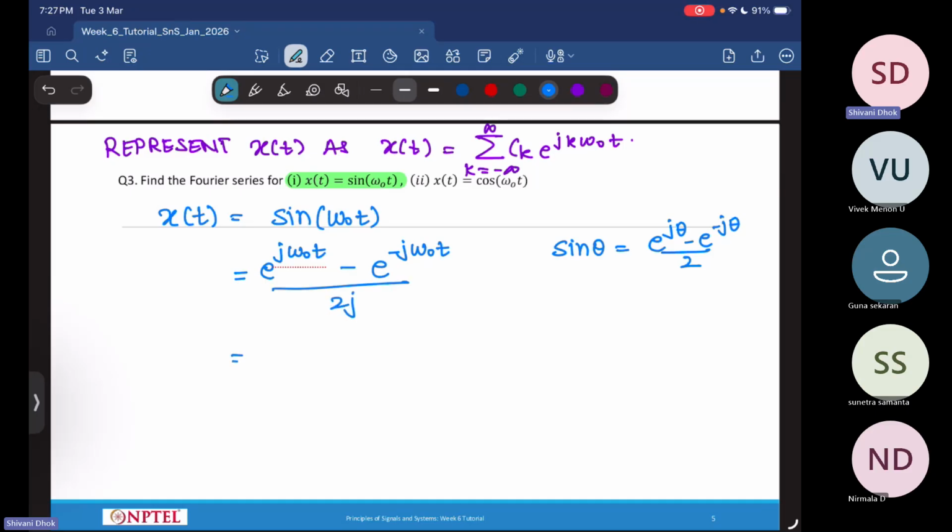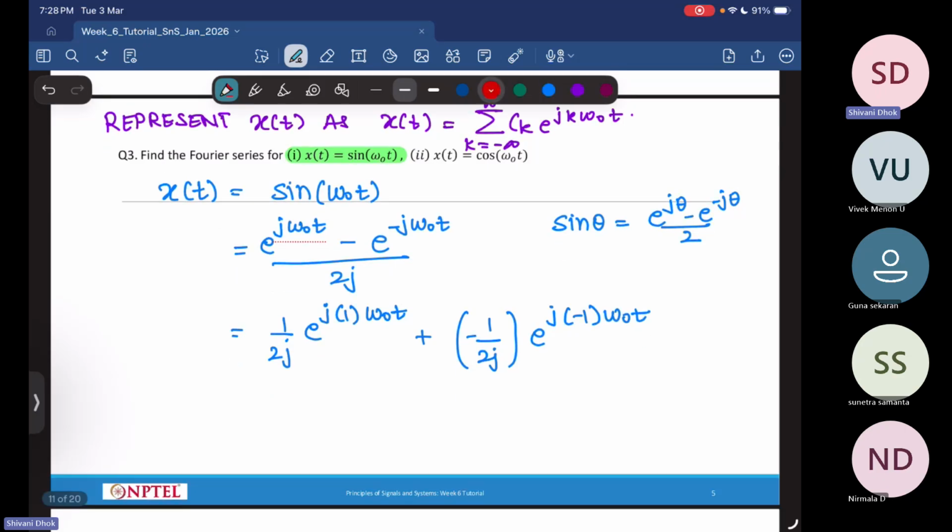So now I can write this as 1 by 2j into e power j into 1 into omega naught t, plus minus 1 by 2j into e power j minus 1 omega naught t. So what do we get here?